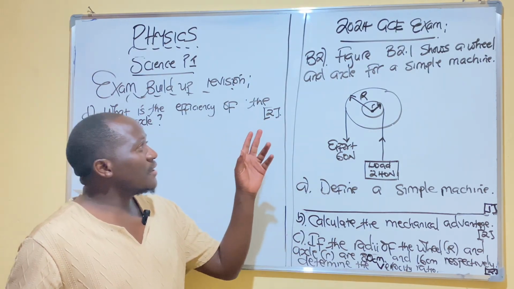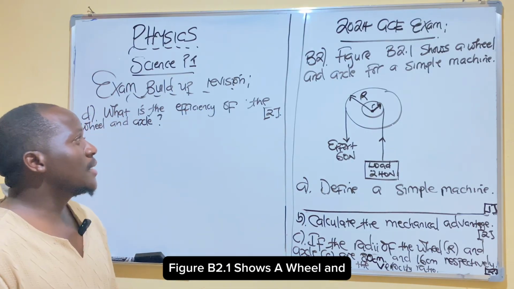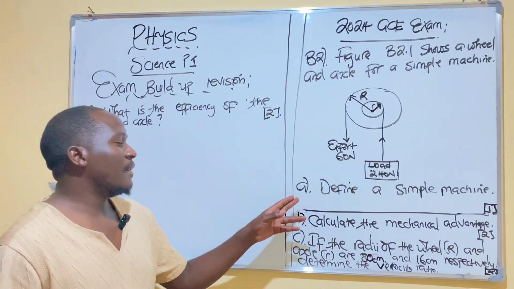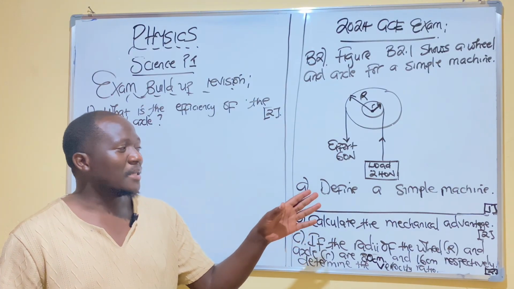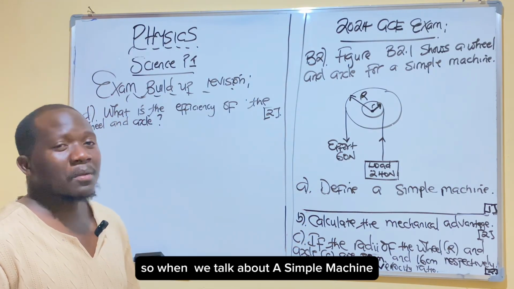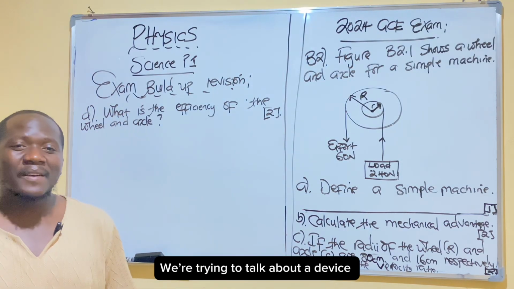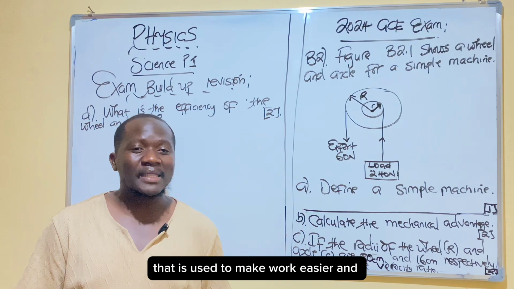So the question says, figure B2.1 shows a wheel and axle for a simple machine. And then the first question says, define a simple machine. So when we talk about a simple machine, we're trying to talk about a device that is used to make work easier.